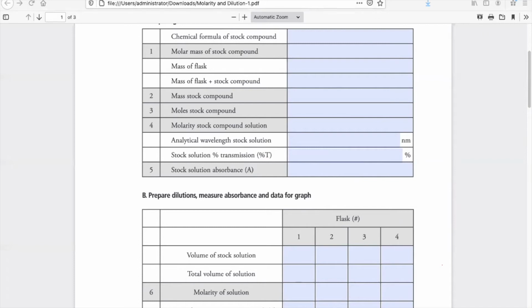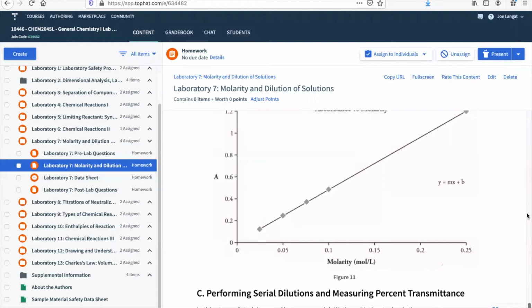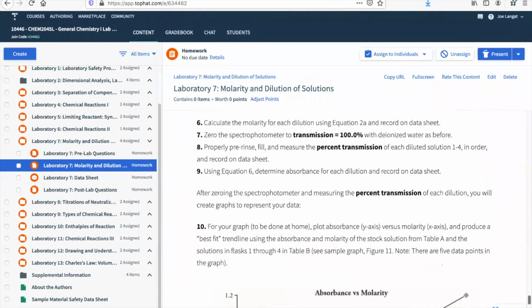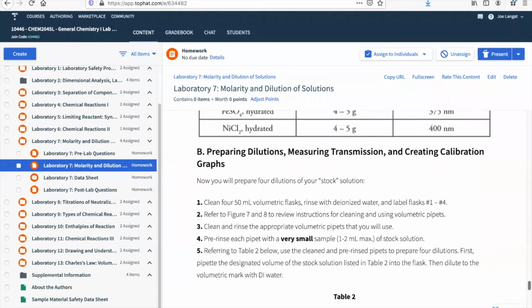If I read part B here, you need to pay attention to the volume you will need to take from the stock solution. Remember, in part A, you should know the molarity of your solution.